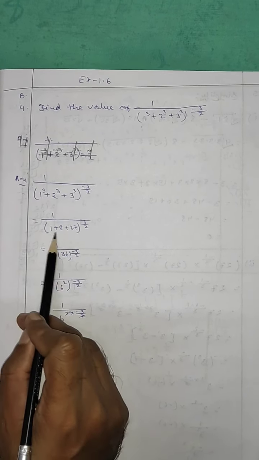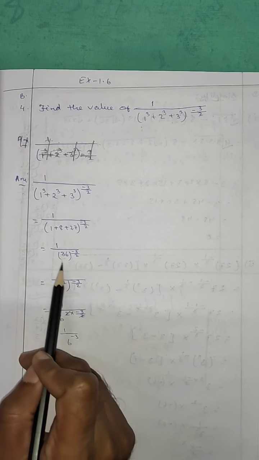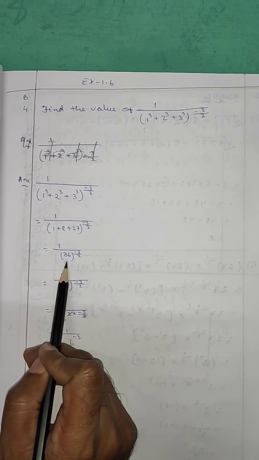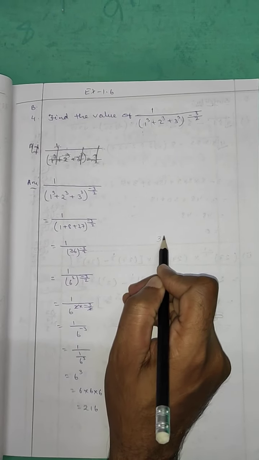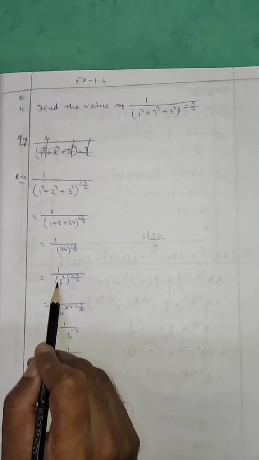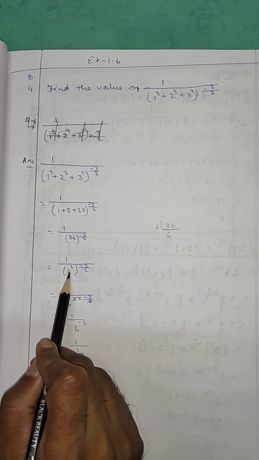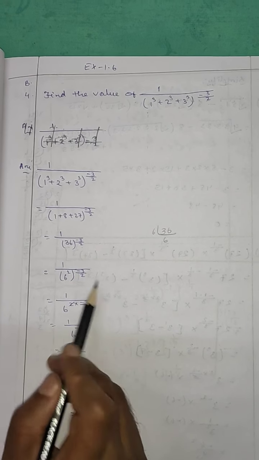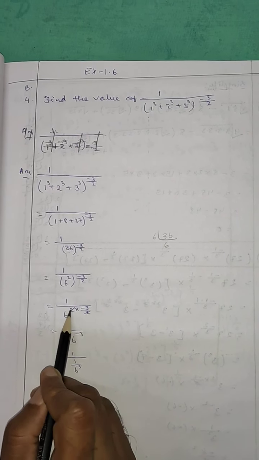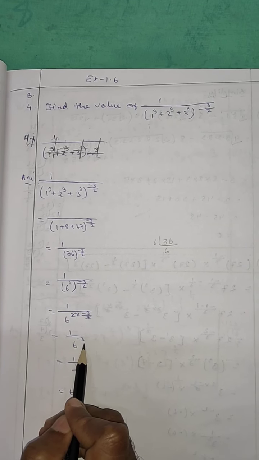So the addition is coming 36 to the power minus 3 by 2. 36, you can use 6 square instead of breaking by 2 and 3. Double power should be multiplied, so 2 cancels out. 6 to the power minus 3 is left.